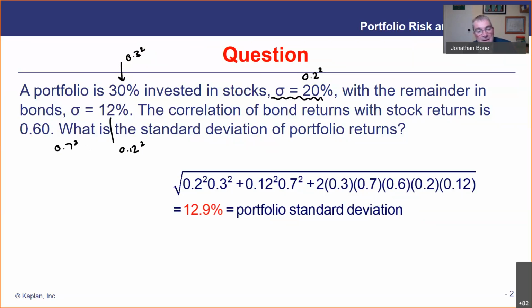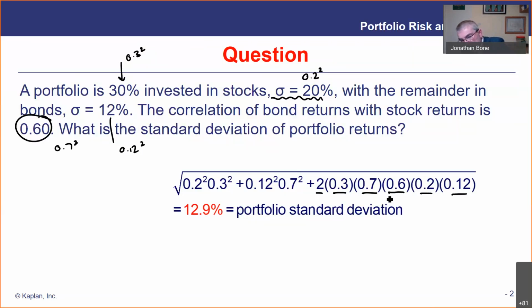Then, because we haven't been given covariance, but we have been given the correlation coefficient, we're going to do 2 times the weighting of asset 1 times the weighting of asset 2 times the correlation coefficient times the product of the standard deviations. So standard deviation of stocks, 20%, standard deviation of bonds, 12%.